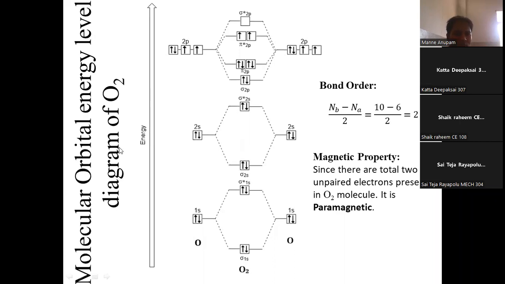So, the molecular orbital energy level diagram of oxygen. This is oxygen. Here 1s and 1s are both combining and giving sigma 1s and sigma star 1s.